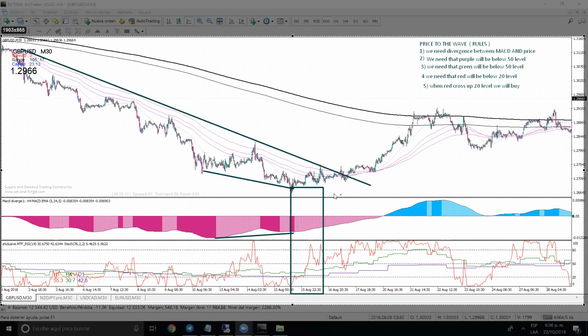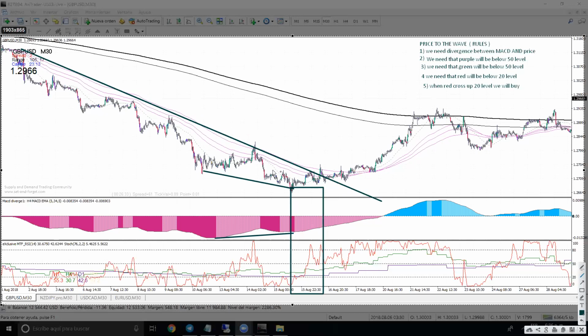It's more of a technical thing, okay? Basically, we have a trend line, if you want to use it. In this case, we don't use just a trend.